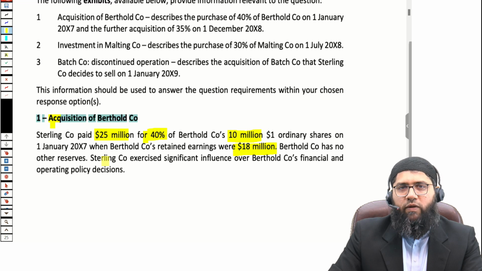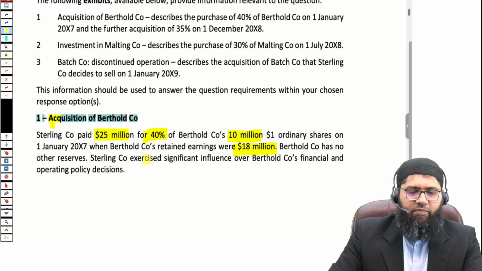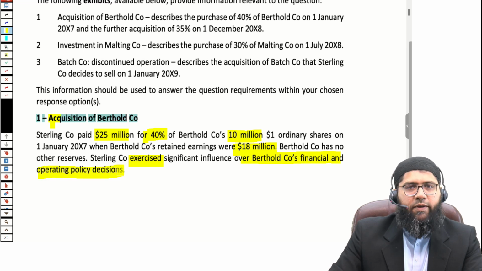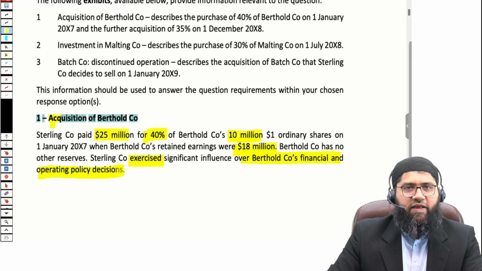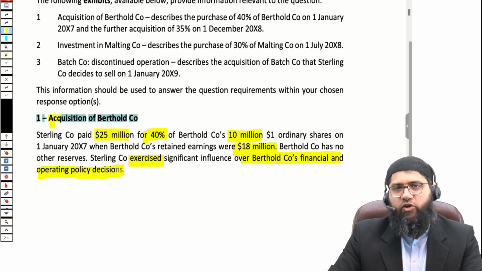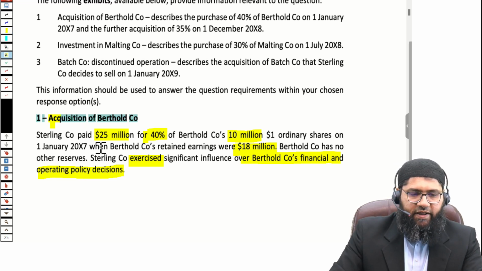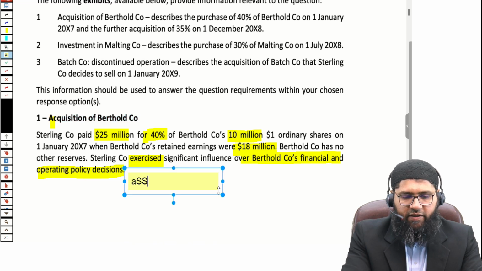Birdhold company has no other reserves. Sterling company exercised significant influence over Birdhold company's financial and operating policy decision making. So when you exercise significant influence, that is considered to be an associate.